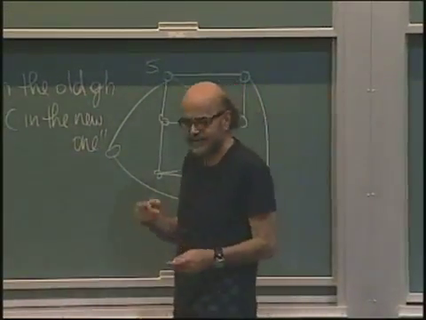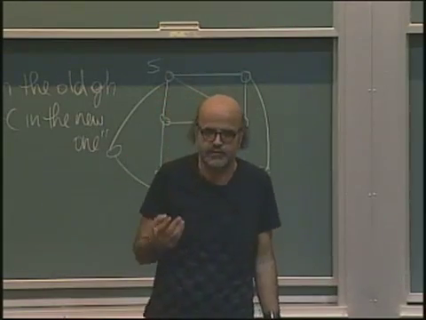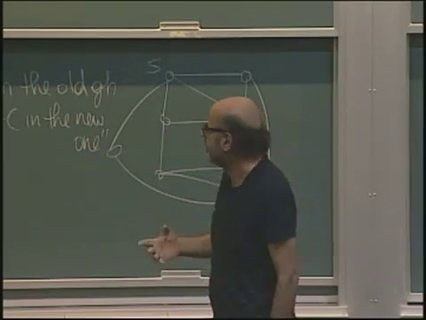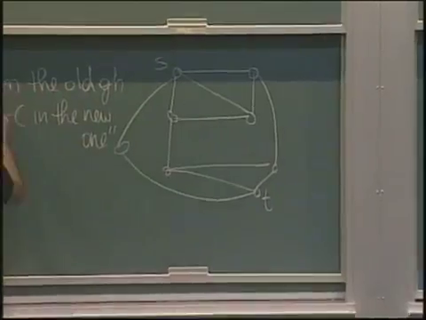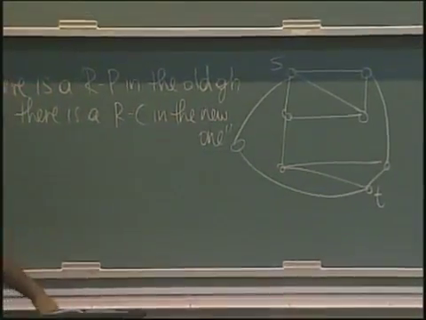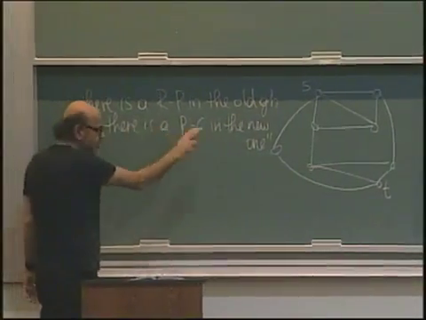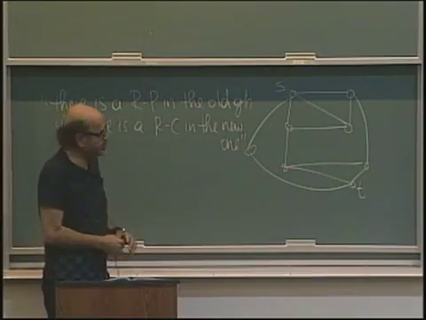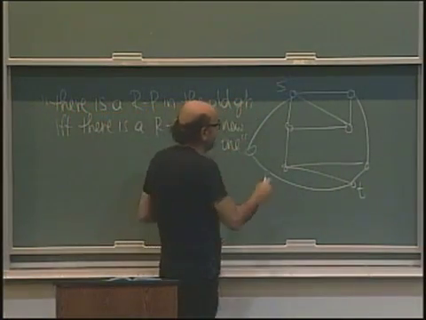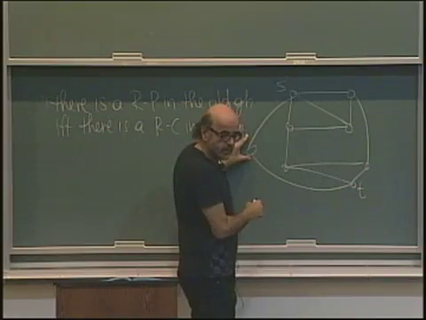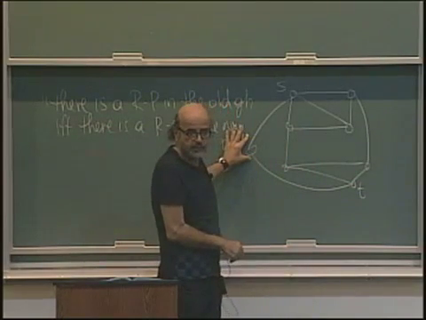And now it should be pristinely clear that there is a Rudrata path in the old graph if and only if there is a Rudrata cycle in the new one. Because if there was a Rudrata path in the old graph, then with this new node, that's a Rudrata cycle in the new one.